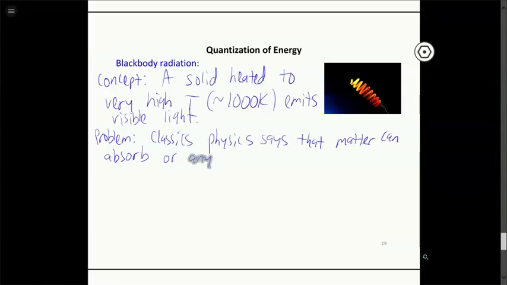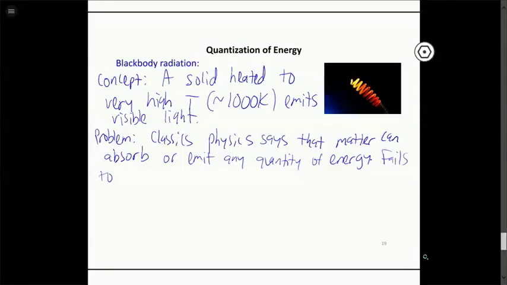Alright, so that's what classical physics assumed. However, if you make that assumption, it fails to explain the wavelength intensity profile of black body radiation.